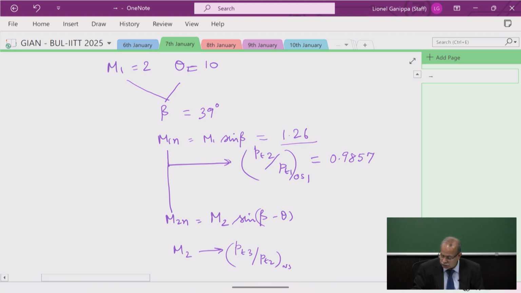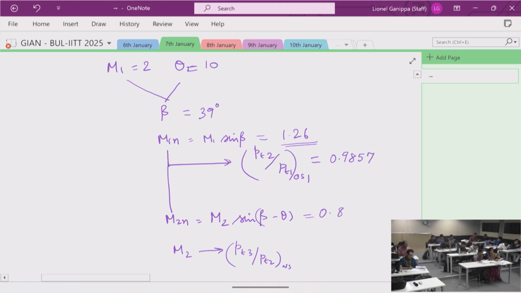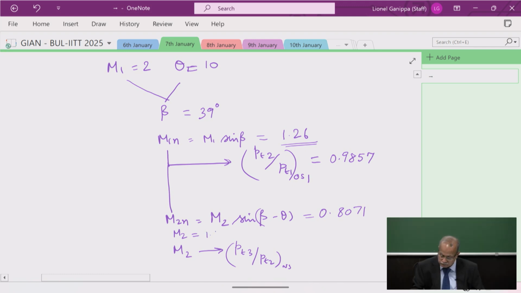Since you have found M1N as 1.26, directly you can find what is M2N. 0.071. From this you can find M2. How much? 1.665. Now this M2 is not going to have any oblique shock.